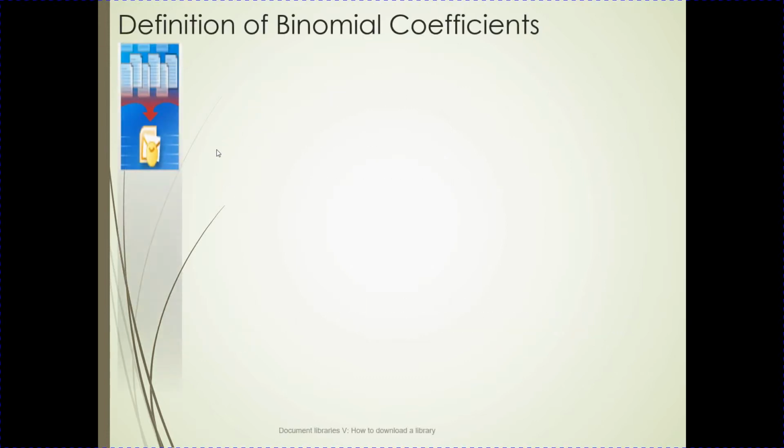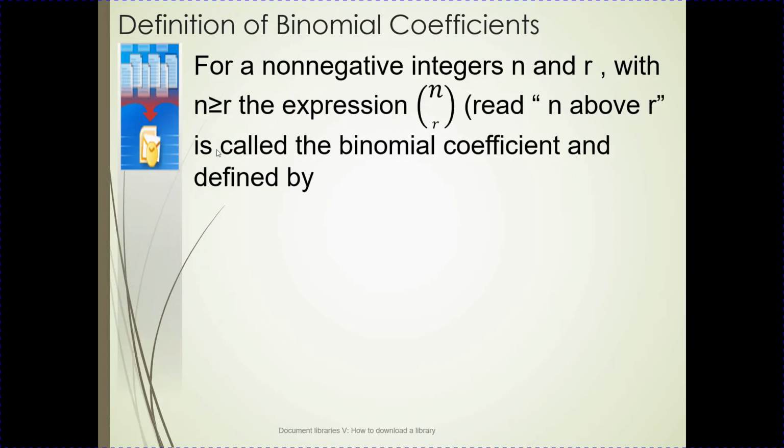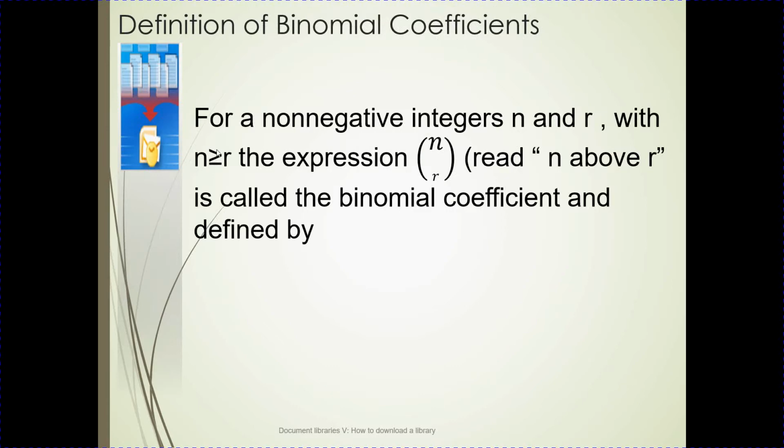Now let's go to the key concept regarding binomial coefficient. For finding a binomial coefficient, we are going to use a formula. For non-negative integers n and r, with n greater than or equal to r, the expression n above r is called the binomial coefficient and is defined by n above r is equal to n factorial over r factorial times n minus r factorial.